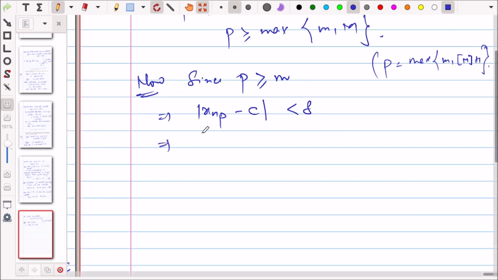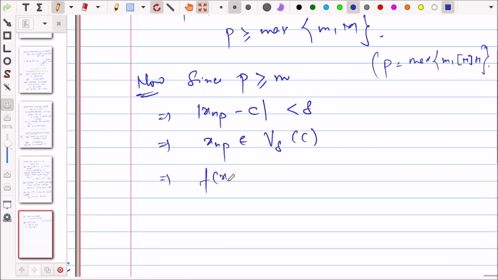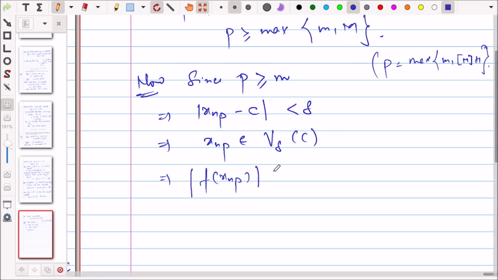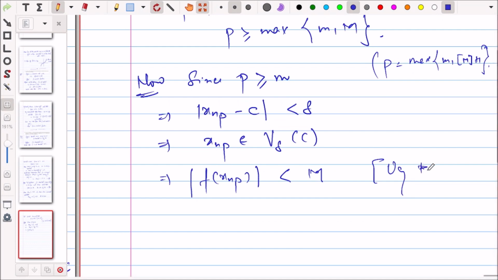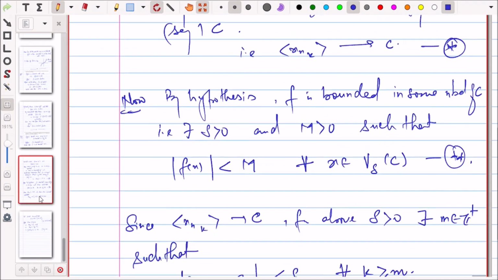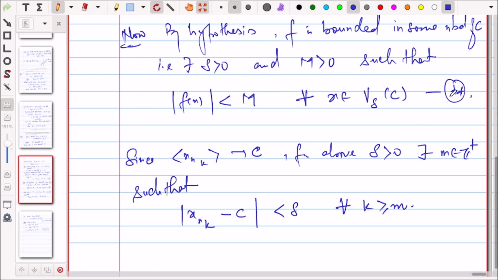This implies x_{n_p} belongs to the V_delta neighborhood of c, and this implies |f(x_{n_p})| is less than M using double star.